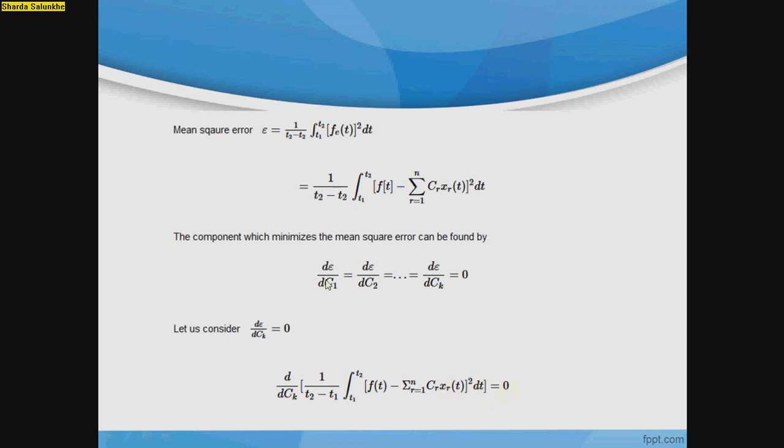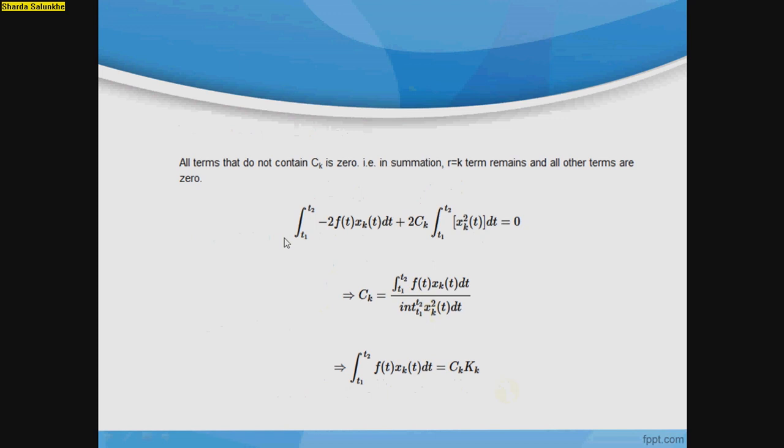So this term is considered as 0. Now all terms that do not contain ck are 0, that is, in the summation over r, only the r = k term remains and all other terms are 0. So the integration over the period t1 to t2 of minus 2 f(t) xk(t) dt plus 2ck times the integration over the period t1 to t2 of xk square(t) dt is equal to 0.